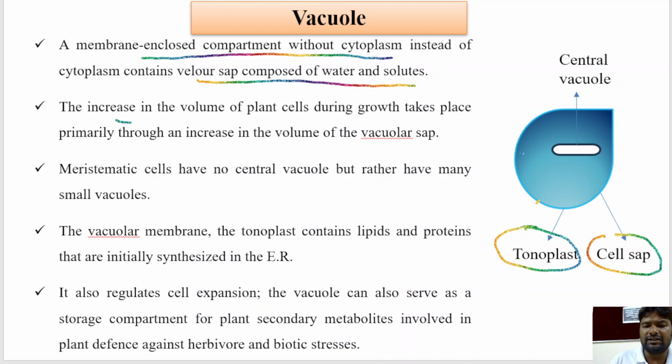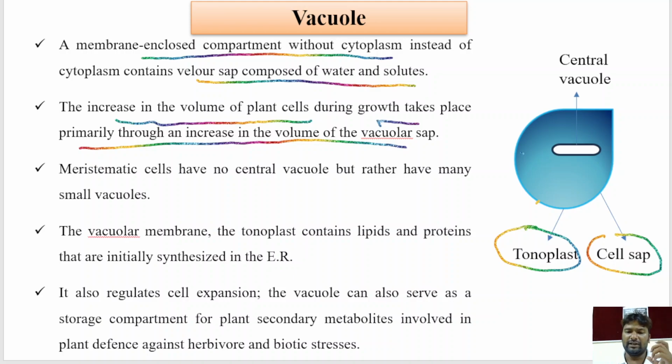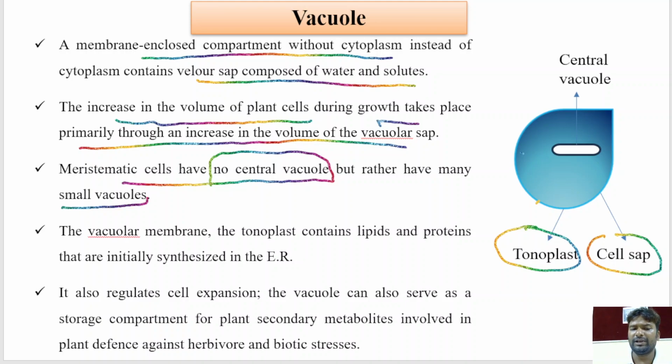And the increase in the volume of plant cells during the growth phase takes place primarily through an increase in the volume of vacuolar cells. So the increase in cell size during maturity is mainly because of the big vacuoles. The meristematic cells have no central vacuoles, or if they have, the vacuoles are smaller, not big vacuoles.